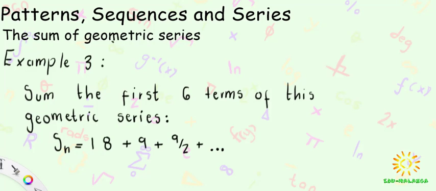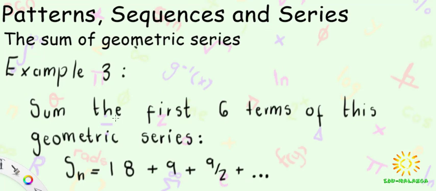Sum the first 6 terms of this geometric series, and the geometric series is given over here. Let's begin by remembering the 2 formulae that we use when we have to sum terms of a geometric series.